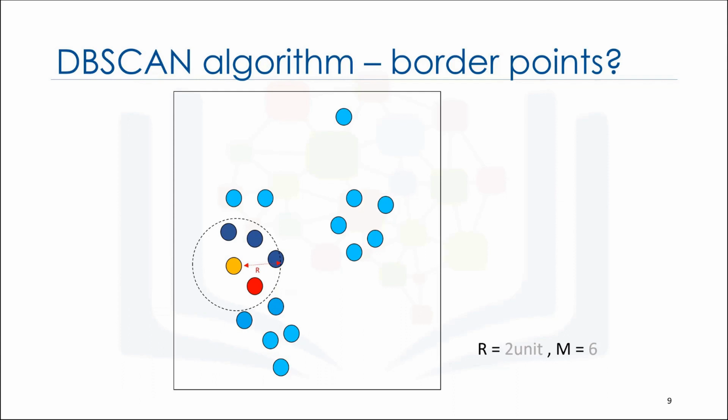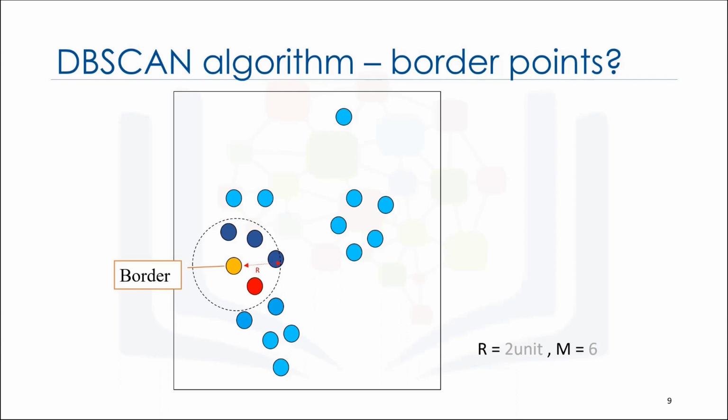Let's look at another point. Is this point a core point? No. As you can see, there are only 5 points in this neighborhood, including the yellow point. So what kind of point is this one? In fact, it is a border point. What is a border point?